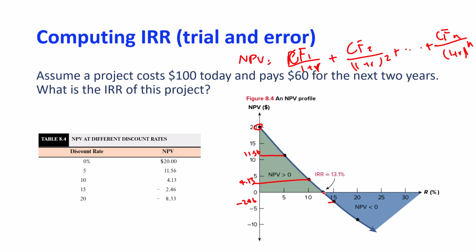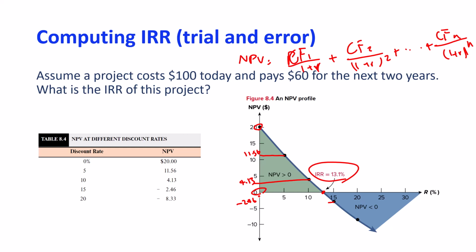I have to go down again, so somewhere between 10 and 15. You keep doing this until the NPV of the project, using the rate you choose, is closest to 0. That's when we had to do the trial and error.